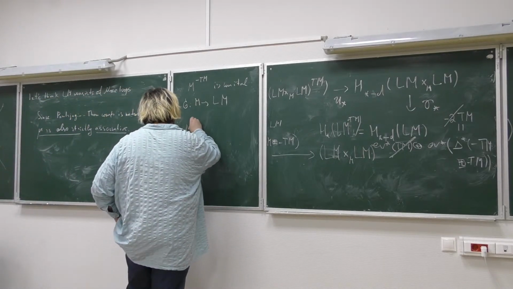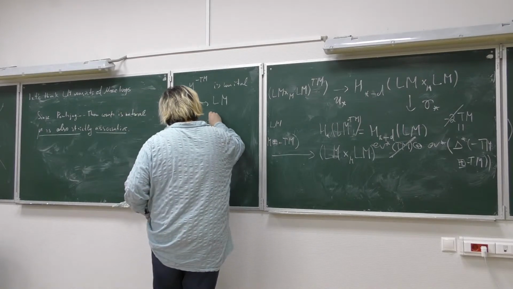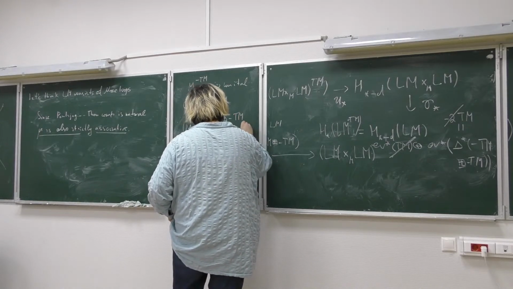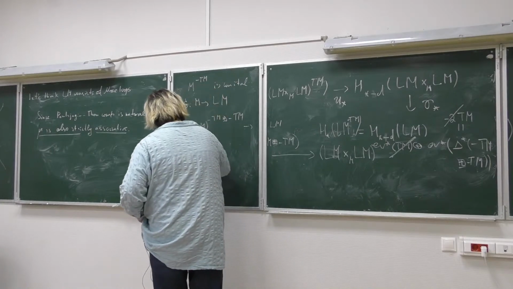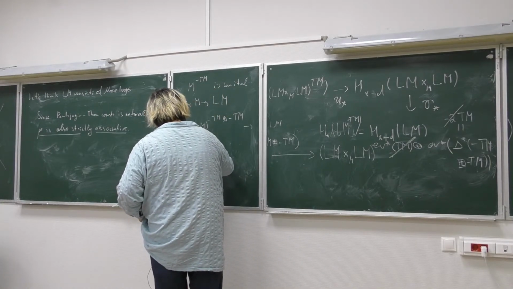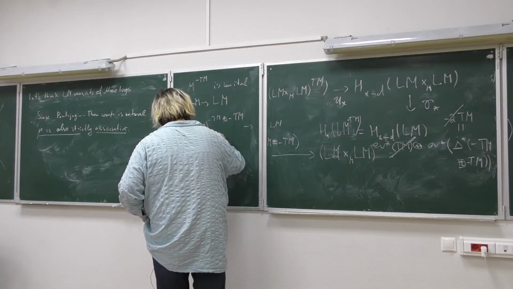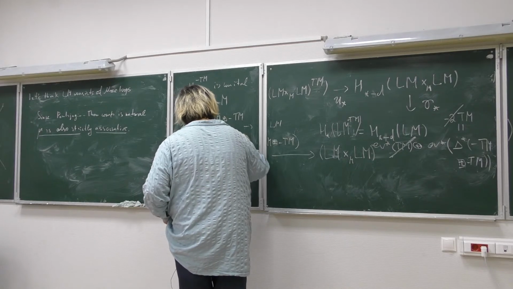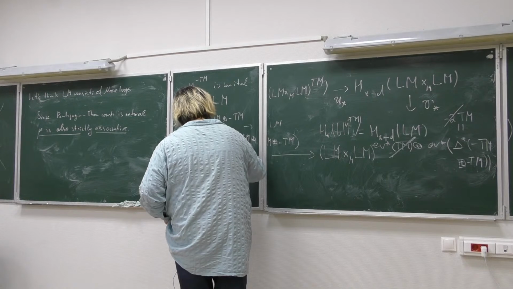Recall that we had this thing, which then mapped to M to the power Tm plus delta upper star of Tm box plus minus Tm.